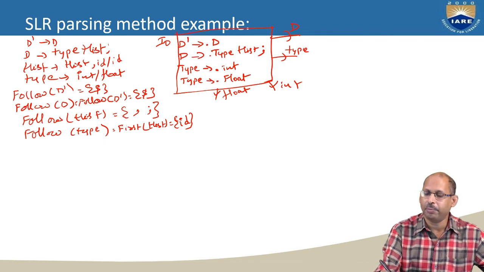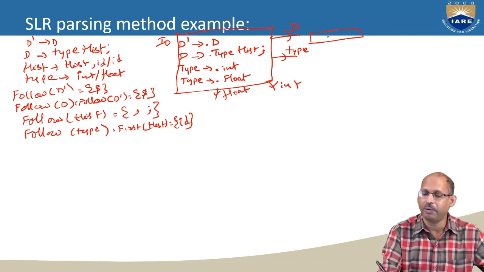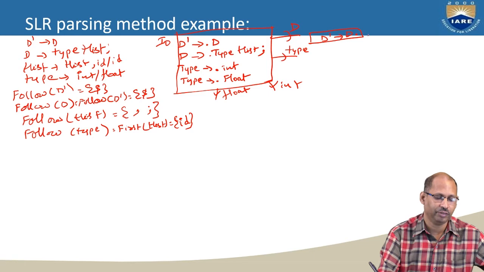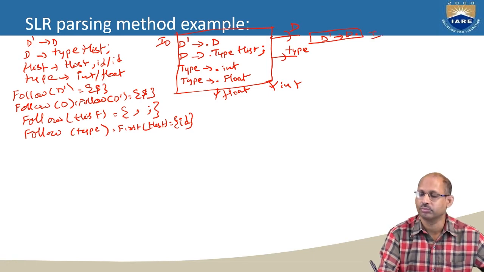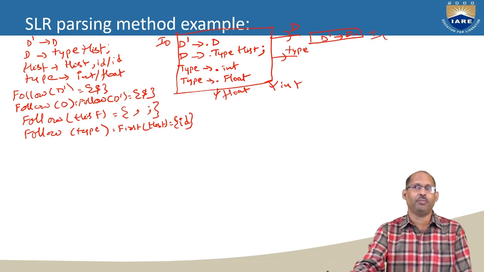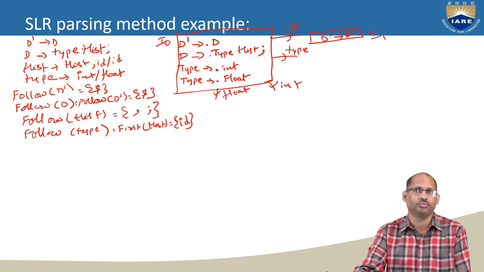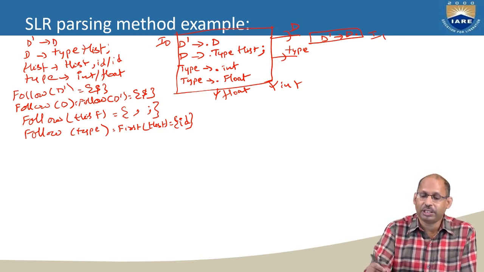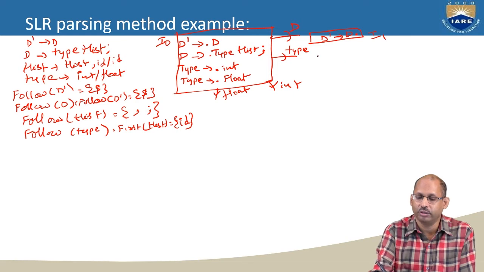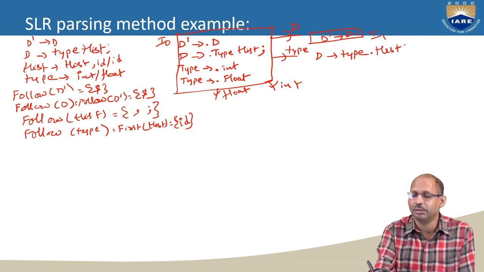On D, what happened? Dot D becomes D dot. This is I1. Now type. Dot type becomes type dot. So D gives type dot list semicolon.